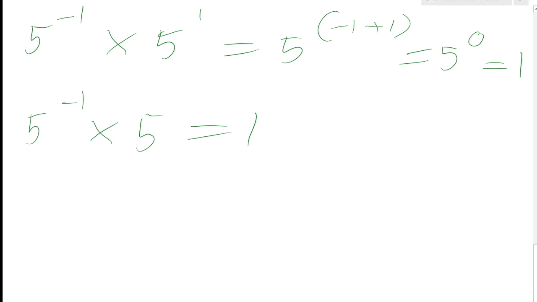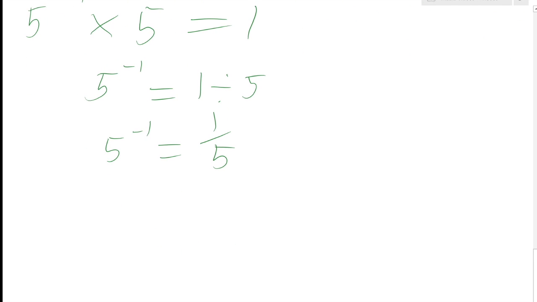So you then get 5 to the minus 1, obviously times 5 divided by 5 has no effect, equals 1 divided by 5, or just 5 to the minus 1 equals a fifth. And again we could have done this for any number, so if we have a to the minus 1, that will always equal 1 over a. So 7 to the minus 1 is 1 over 7, and 943 to the minus 1 is 1 over 943.